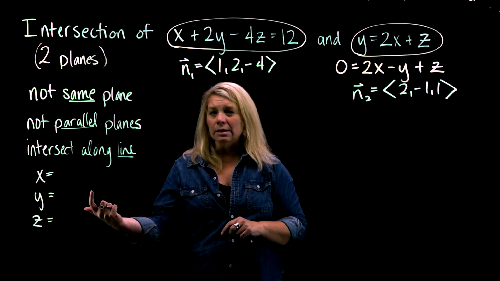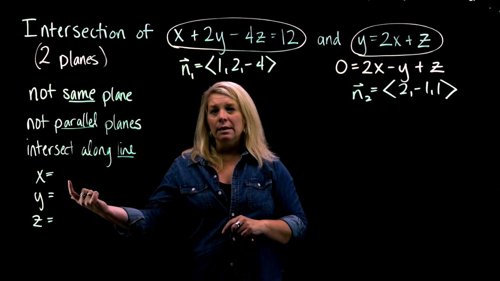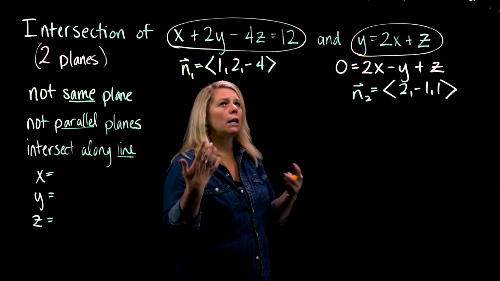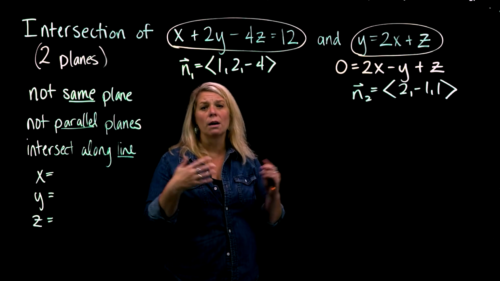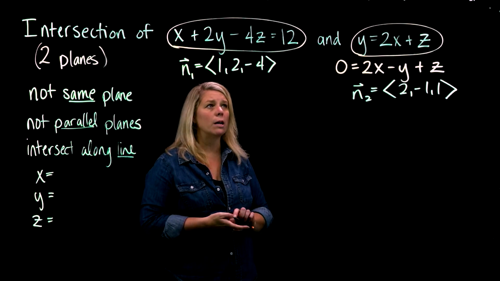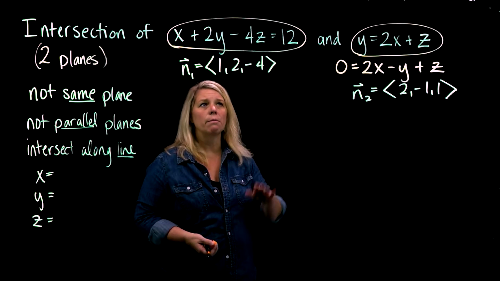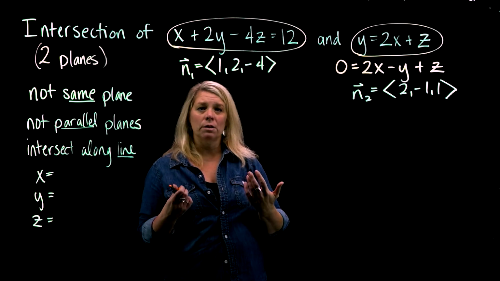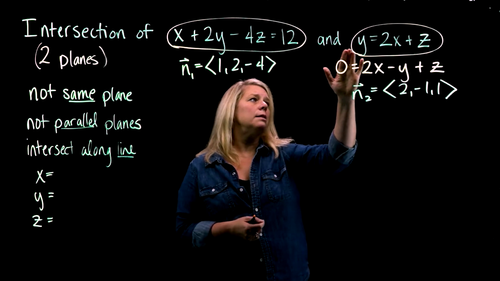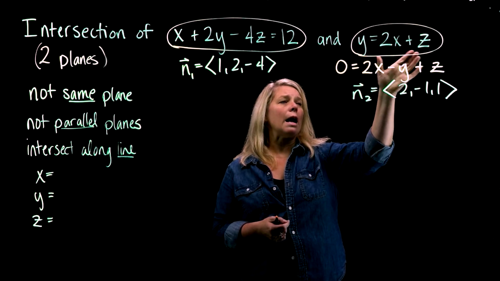Remember that our line is going to involve a parameter t. And so we can exploit that as we go through the algebra of solving this system. There are a lot of different ways to solve systems of equations. For this particular problem, the way these two are set up, I might use substitution. This second equation here is solved for y.